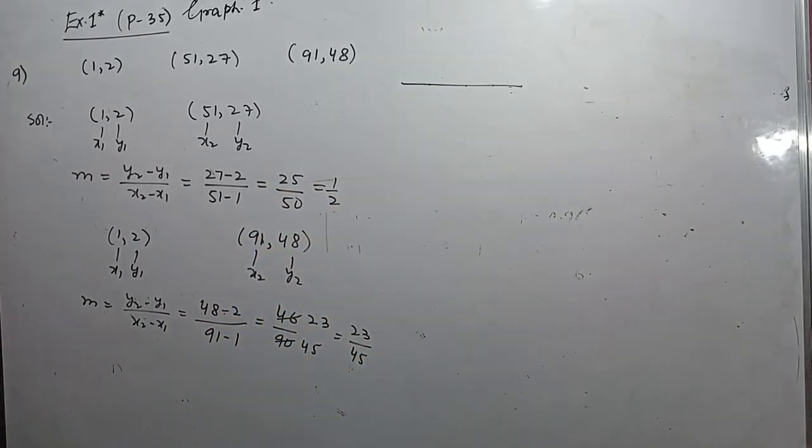You can see the gradients are not same. The gradients between different pairs of points is not same. Therefore, the given points do not lie on the same line.